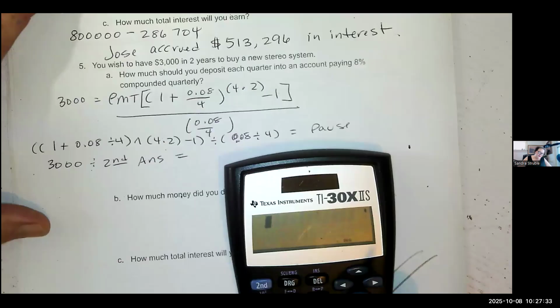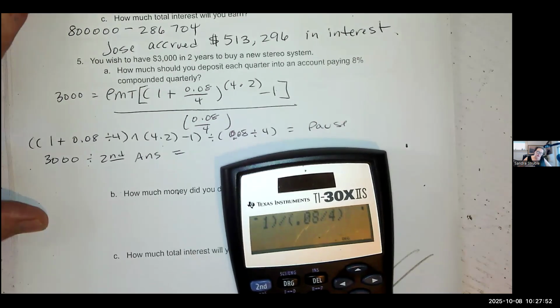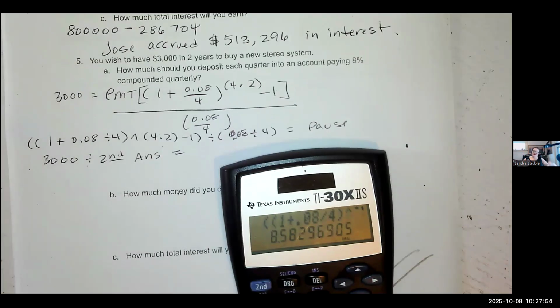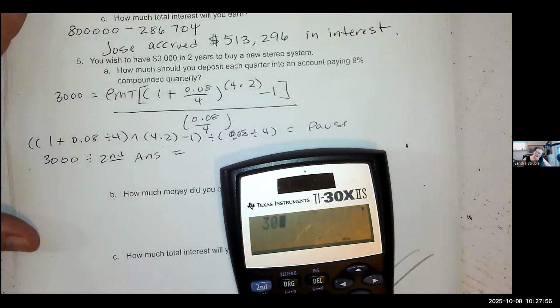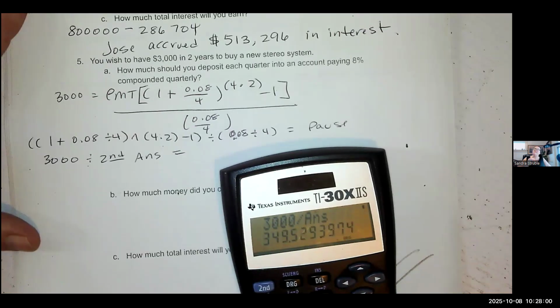All right. Doing it together: open, 1 plus 0.08 divided by 4, close, caret, open, 4 times 2, close, minus 1, close, divided by open, 0.08 divided by 4, close, equal, pause. Hands off. Just type in 323 divided by second answer equals.